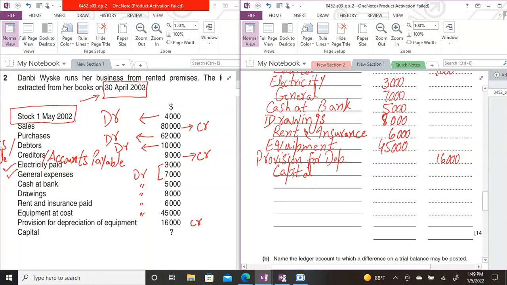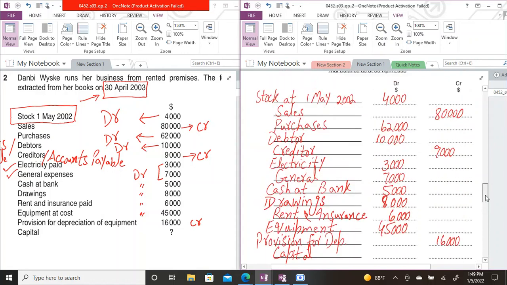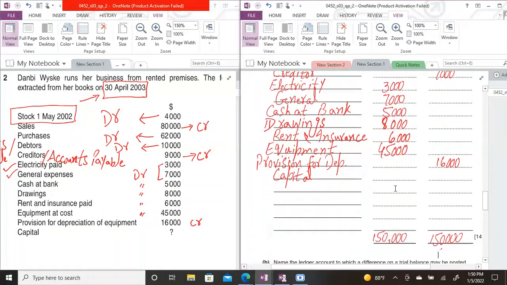So your total of the debit side will be 150,000, and the total of the credit side has to be 150,000 as well, because both sides must be equal. But when you are calculating the credit side is not 150,000. On the credit side, you have 80,000, 9,000, and 16,000. So the difference is 45,000. This 45,000 is your capital.